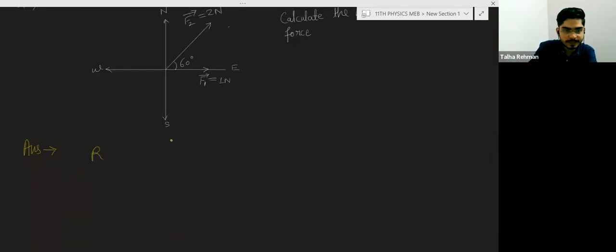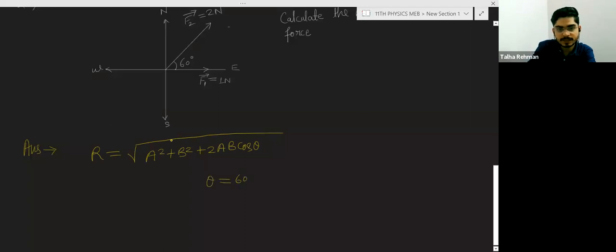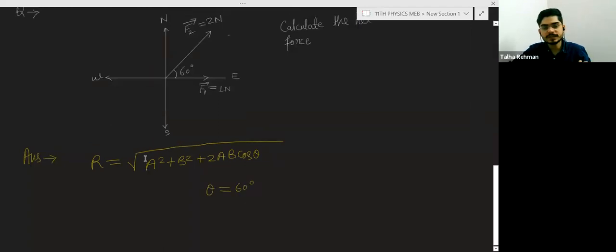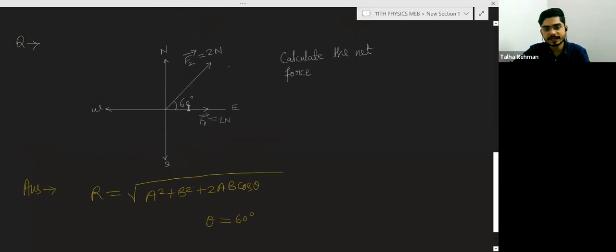So resultant is equal to under root of a square plus b square plus 2ab cos theta. Theta is given here as 60 degree. You can consider this vector as a and this vector as b, or the other way around.